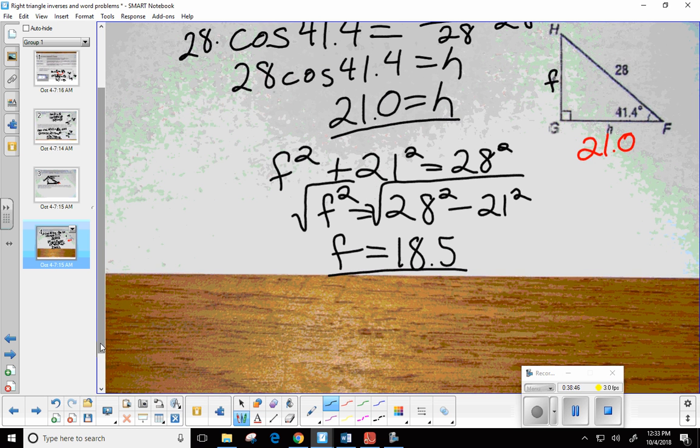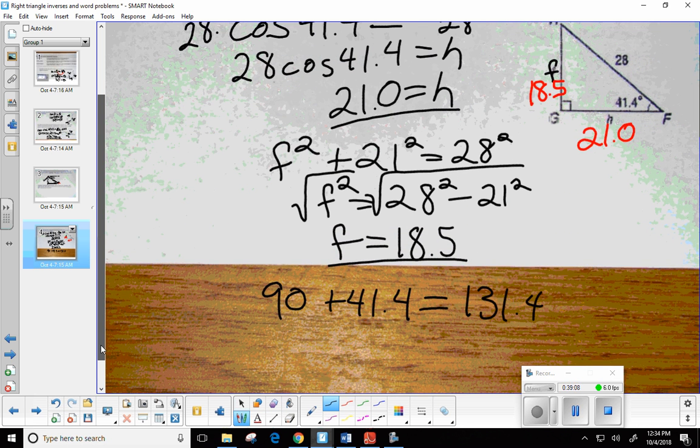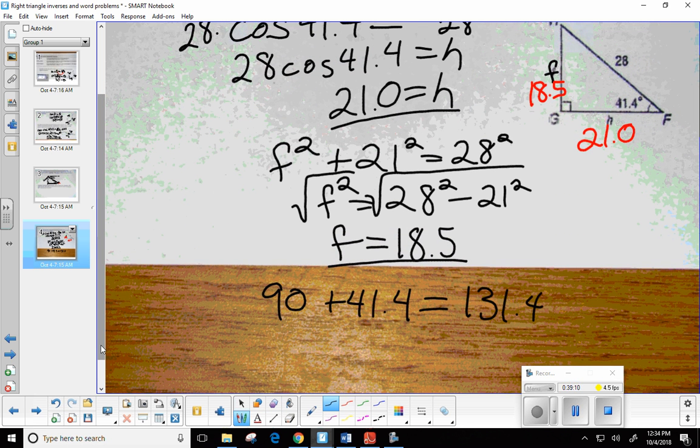And so now we are solving for angle H. What are we going to do for that? I heard you say add 90 plus 41.4, and then subtract that from 180. So 90 plus 41.4 equals 131.4. And we know that all the angles in a triangle add up to 180, right?